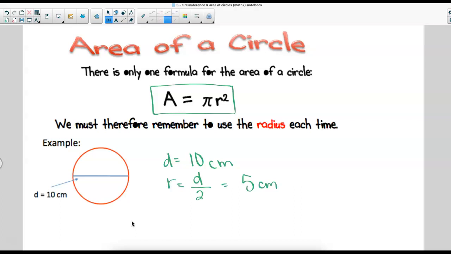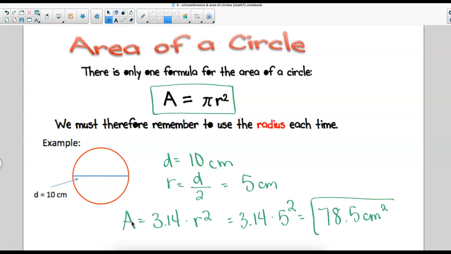It's super important we're starting with the correct numbers. So to find area, and this is already on your paper, we're going to do 3.14 times radius squared, 5 squared. So 3.14 times 5 squared, and you get 78.5 centimeters squared. That would be the area of that circle.